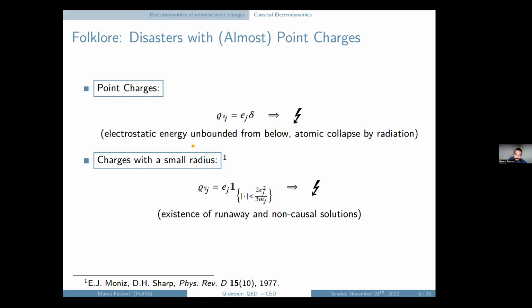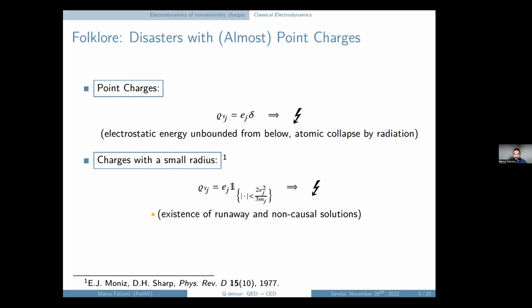There are also others, but a result that is slightly less known is that even if we consider charges with a small radius, we still have some unphysical behavior of our system.